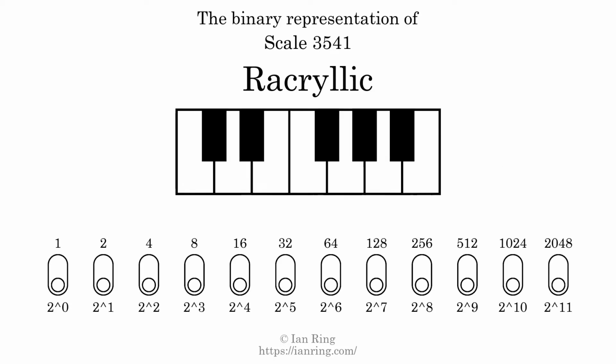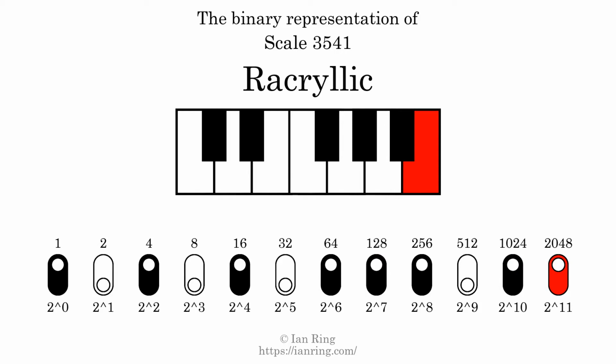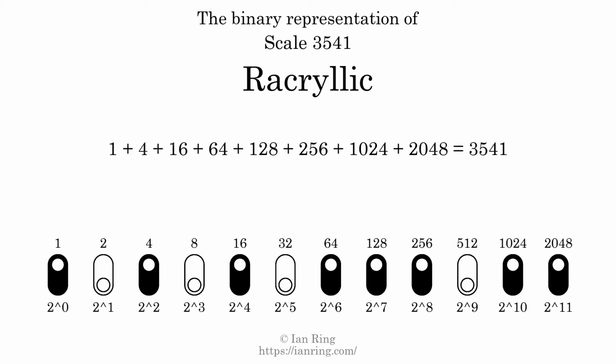The binary representation of this scale is determined by mapping tones of the scale to binary digits. Each binary digit represents a power of 2. To get the scale number, we add the powers of 2 together. The powers of 2 that are present in the scale, all added together, equals 3541.